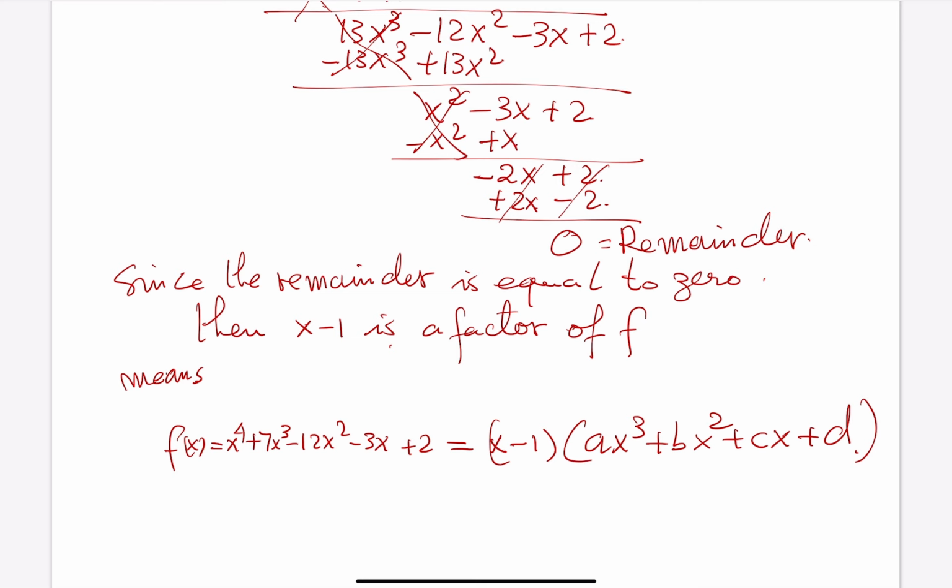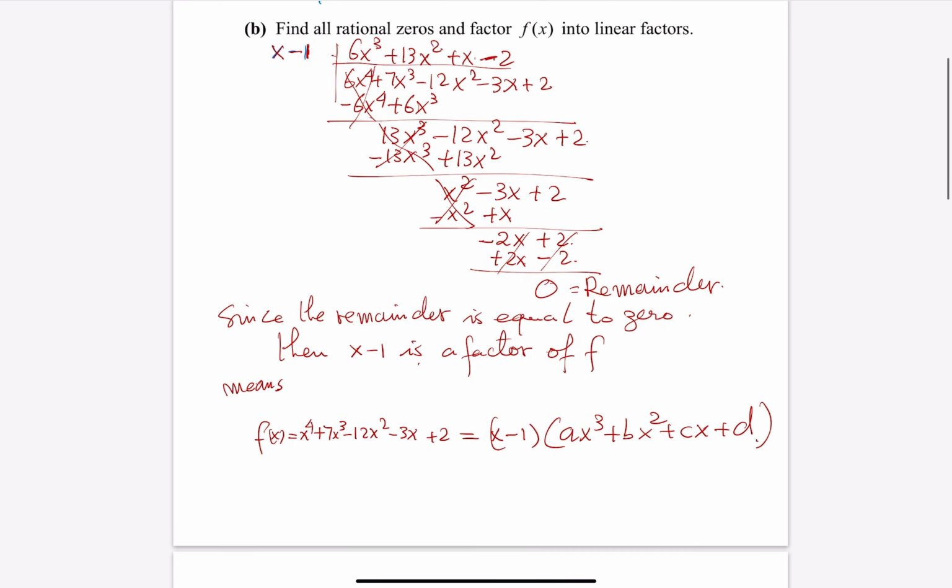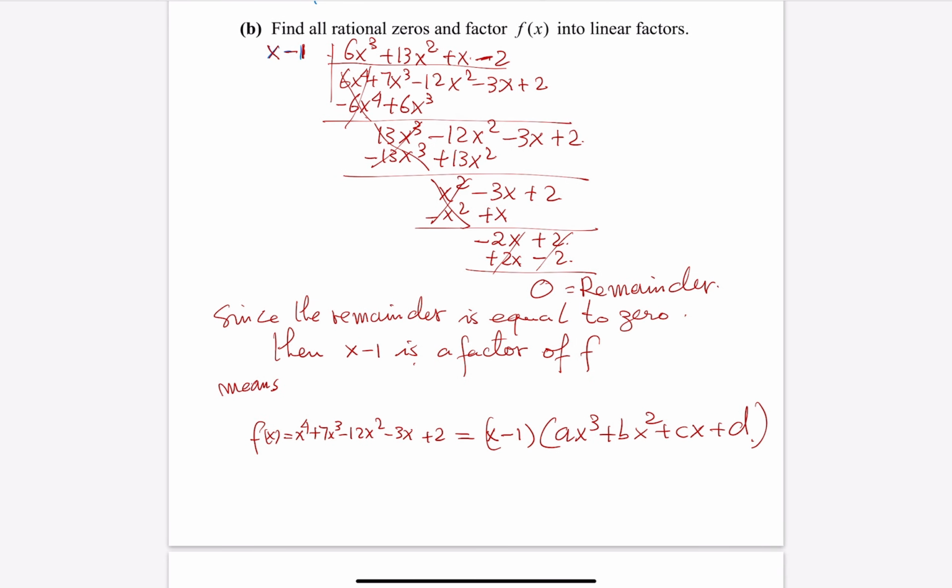You have to understand the meaning. And now you can tell it will be easy to determine this one. How? I want you to understand it.